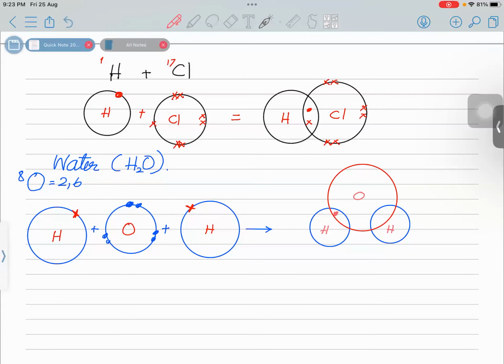Here we have oxygen dot, oxygen dot. Here we have cross. So oxygen has 6 electrons, so you have only 4 electrons left as lone pairs. This is the correct structure of water.